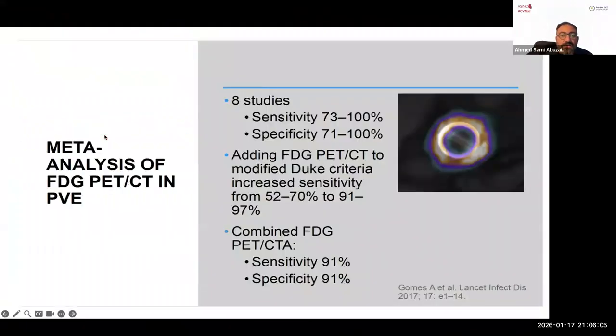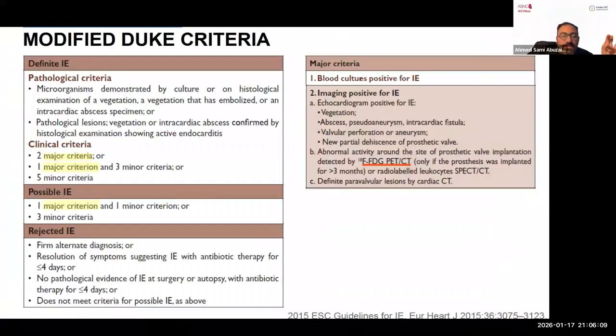I think we'll not go through the analysis, but the most important thing that triggered ASNC, and even all of nuclear medicine, to learn about this is that the new criteria for endocarditis, the modified Duke criteria that we use, have cardiac PET in the major criteria.